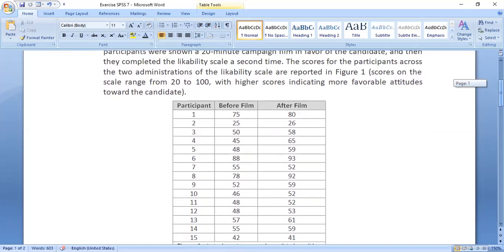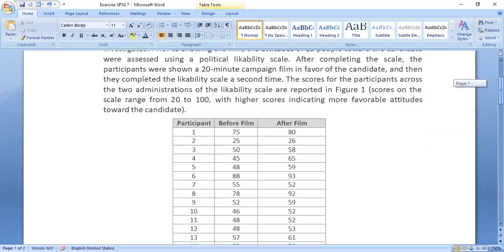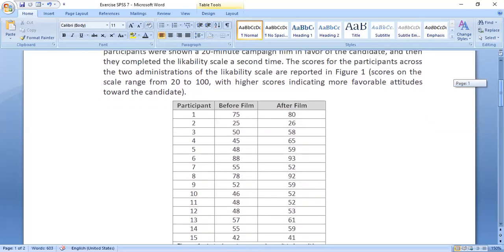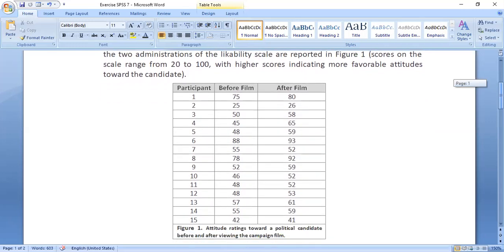That was about how people look at these political candidates. And after seeing the film, again we are measuring the attitude of these participants towards the political candidate. So the respondents remain the same, but we are looking at pre and post attitudes of participants towards the political candidates.